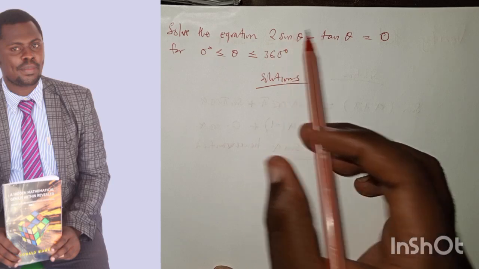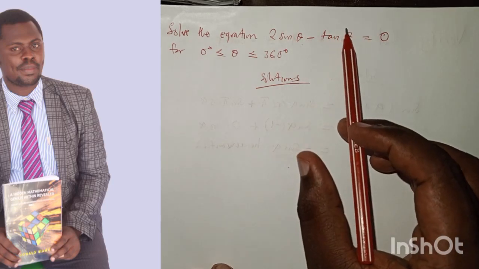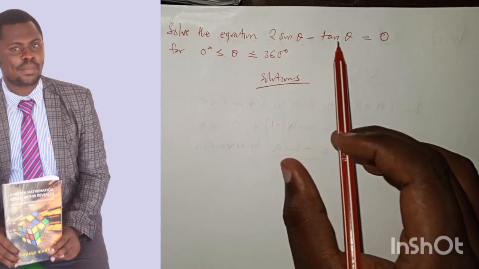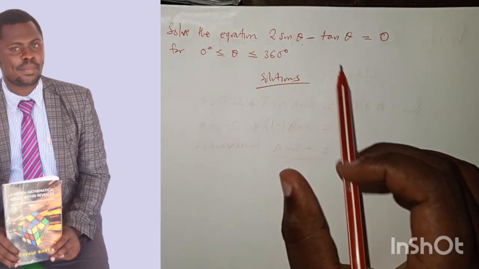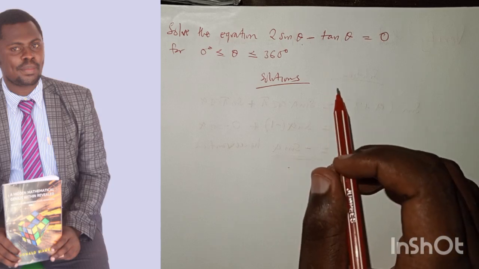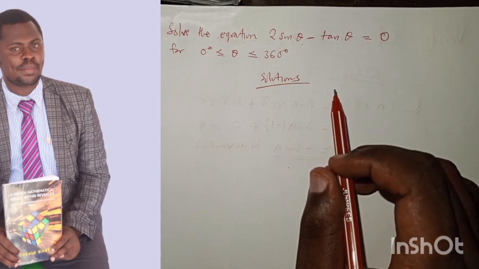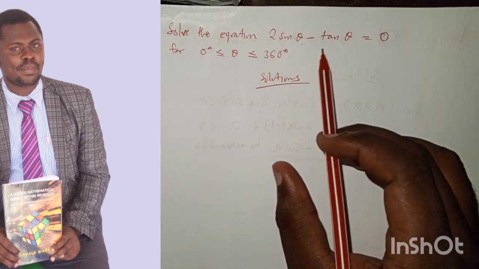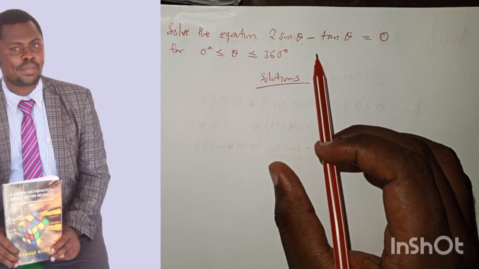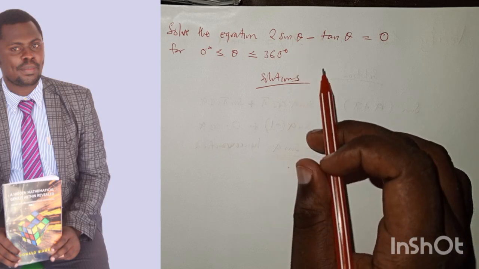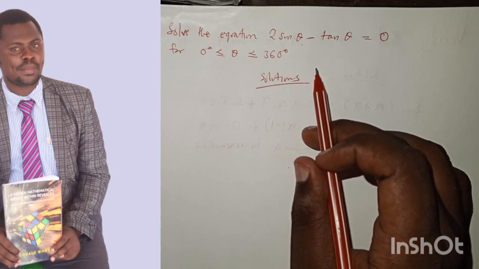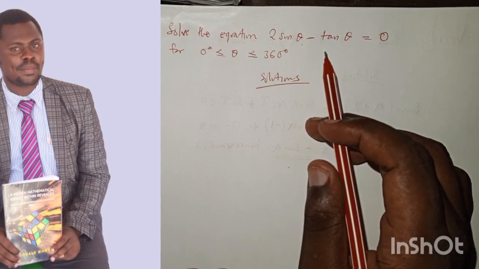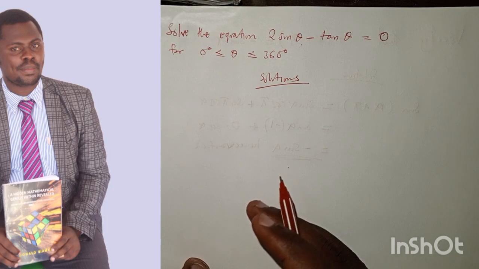Here we have sine theta and tan theta. It will be difficult to work them out because sine theta is different from tan theta. So we need to have a common thing: either sine theta, or tan theta, or just a different variable. How do we make sure that we have just the same trig ratio?